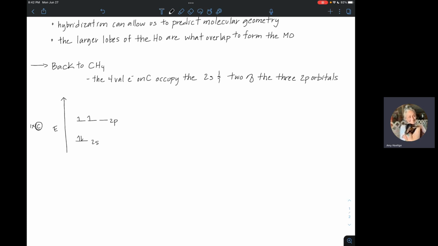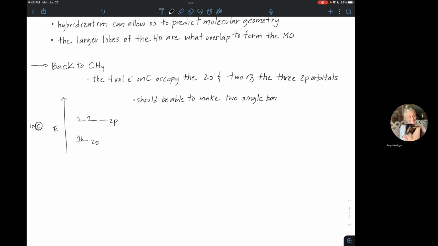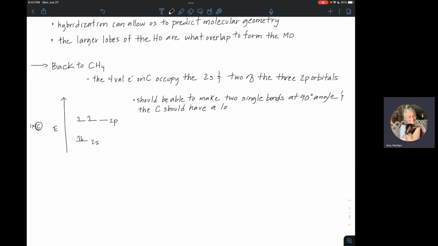So if you're looking at this, you'd be like, all right, it seems like, according to valence bond theory, I should be able to make, so let me just write this out, two single bonds at a 90 degree angle, and you imagine the carbon should have a lone pair of electrons, right?